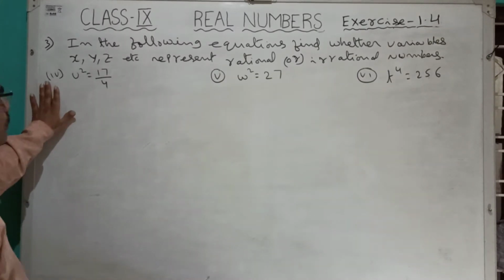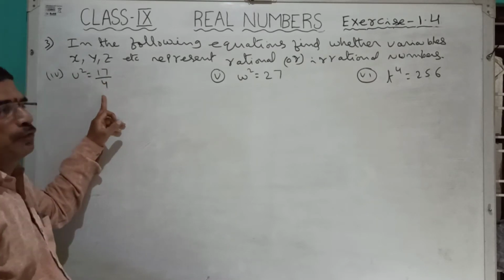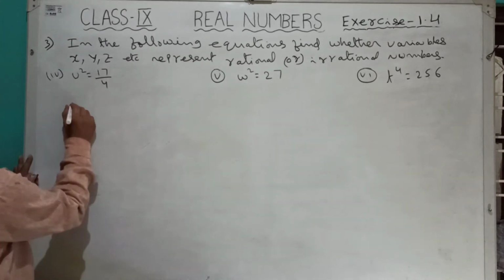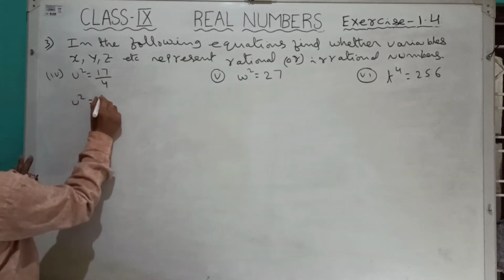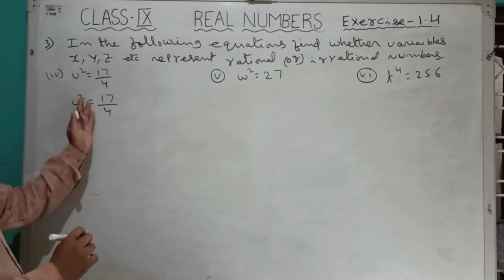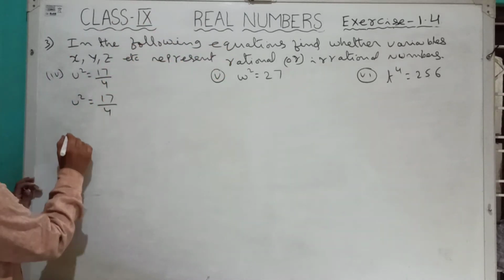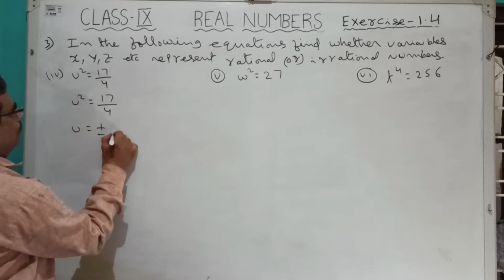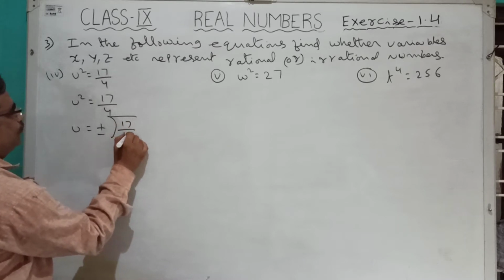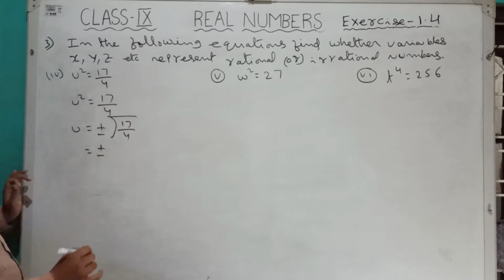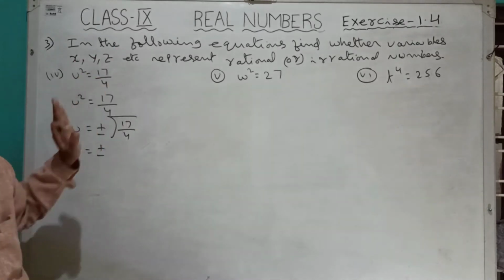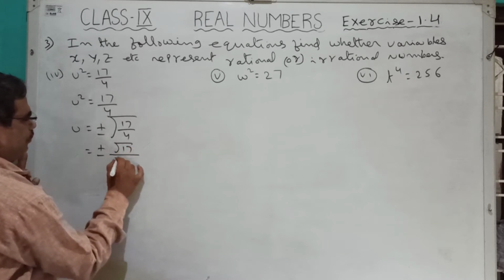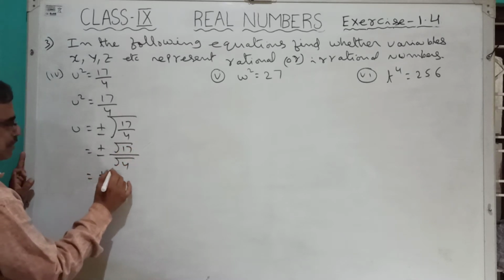Fourth one, u square is equal to 17 by 4. This square will go to the other side, meaning square root. So u is equal to plus or minus root of 17 by 4. This root can be split: root 17 by root 4, plus or minus.